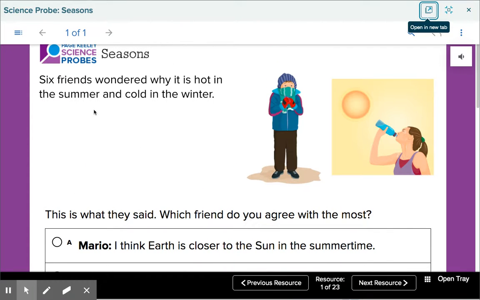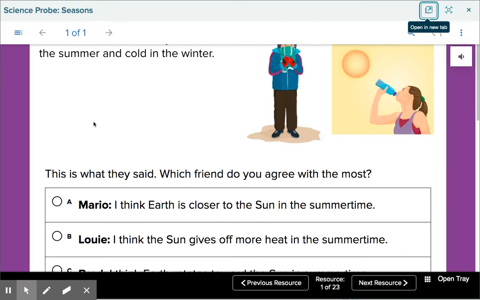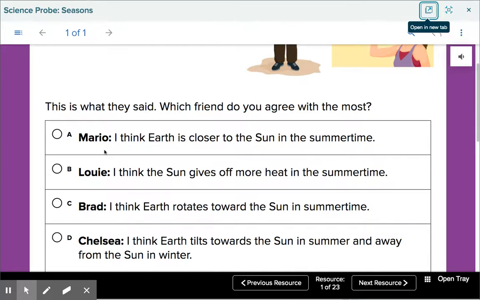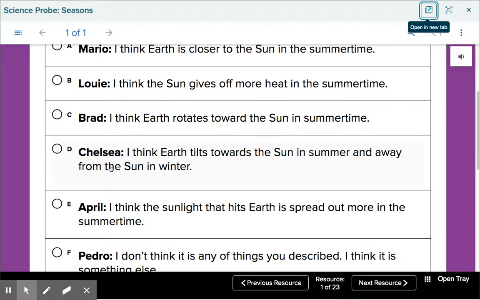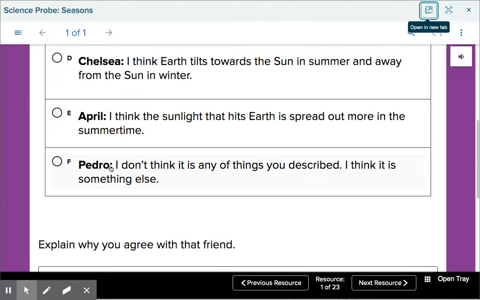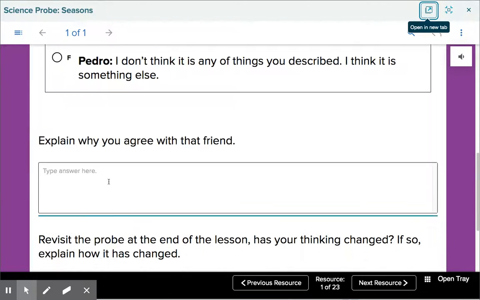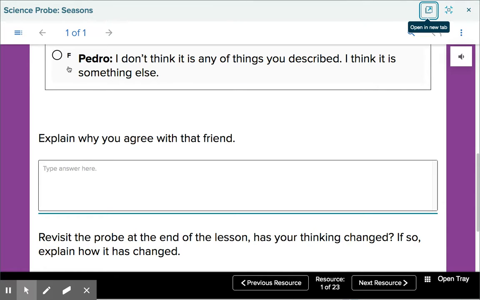So 6 friends wondered why it is hot in the summer and cold in the winter. You need to read through what each of these friends said as far as explaining the situation. And after you click which friend you agree with, you type in why you agree with that friend.